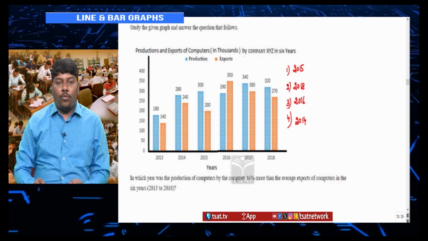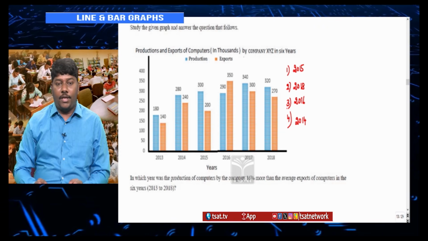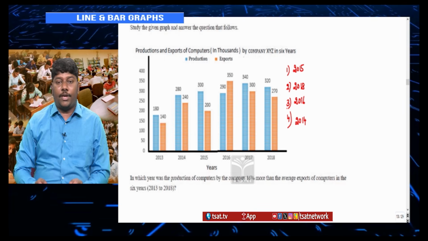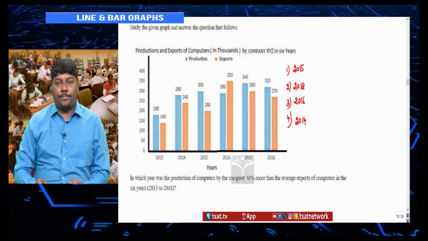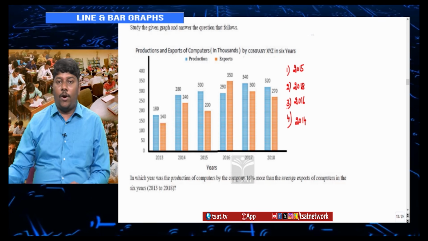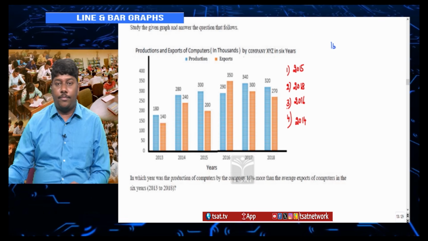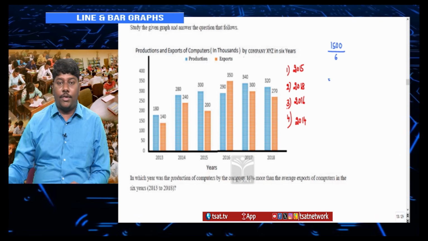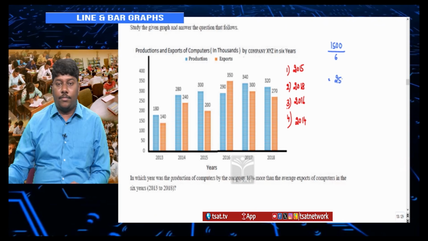In which year was the production of computers by company 16% more than the average exports of the computers in 6 years? Just now we have seen the total exports all 6 years is 1500. You just divide it by 6, you will get average. On an average it is 250.